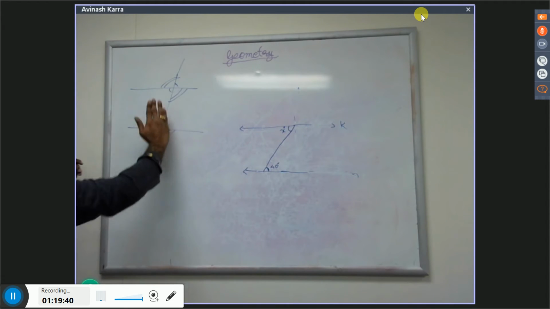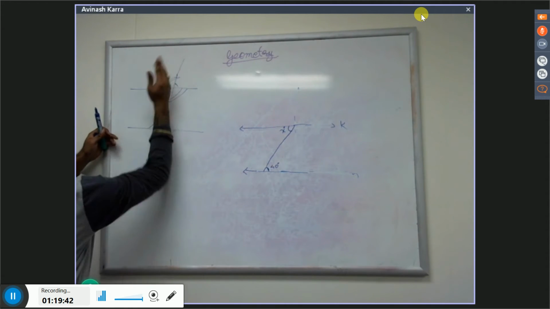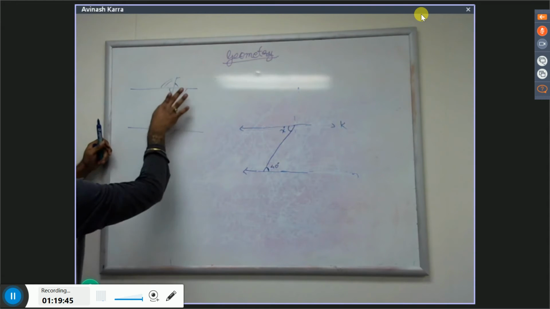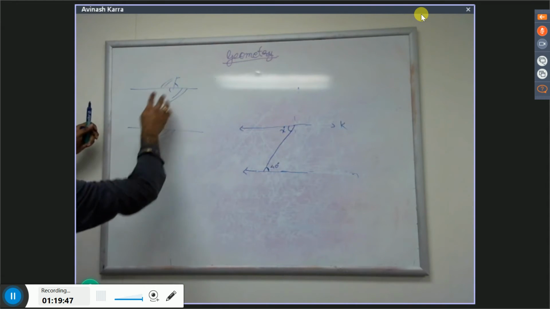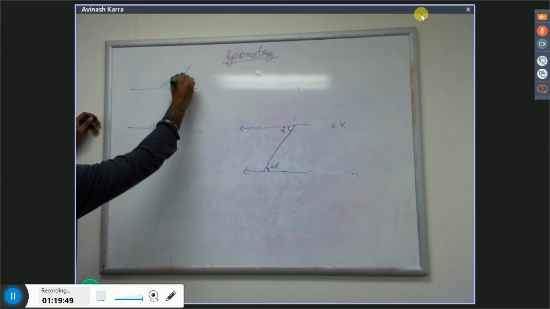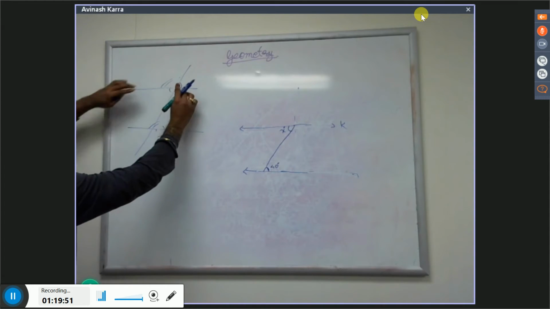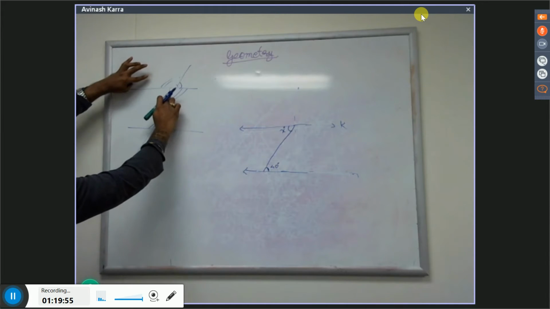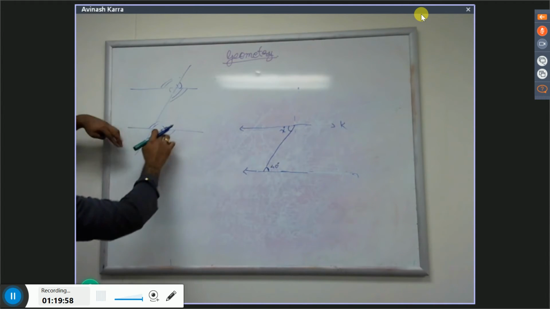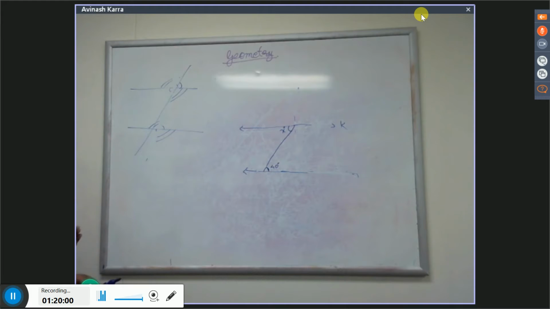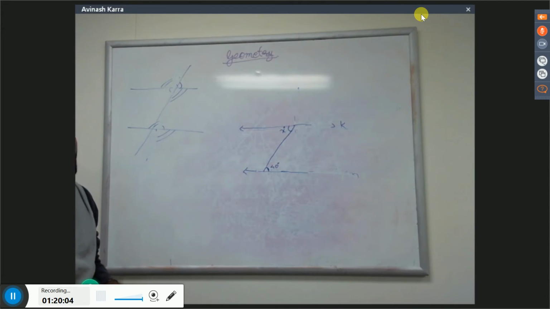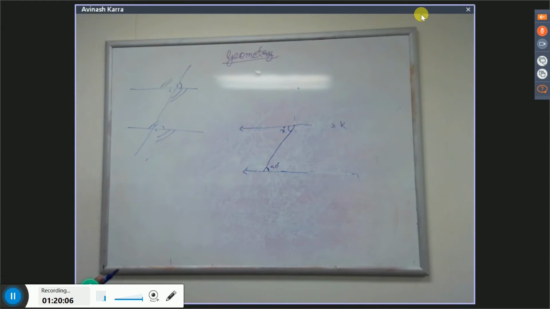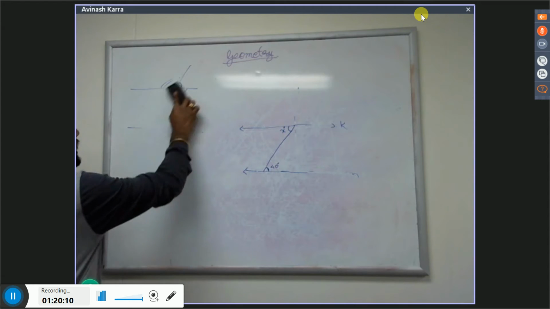When you keep two lines in a slopey way, this is a small angle and this one will be big. Again, this angle will be small and this one will be big. In that way also you can try to remember the things. For the practice I'm saying. After practice, you can get habituated.